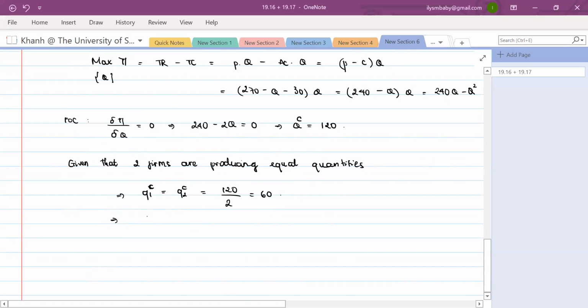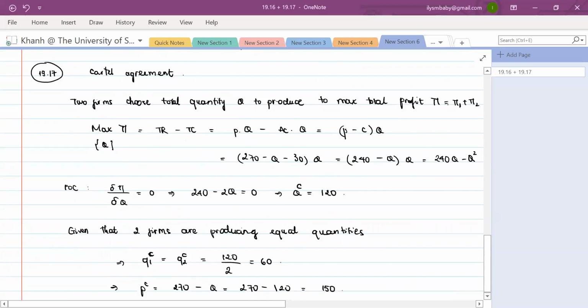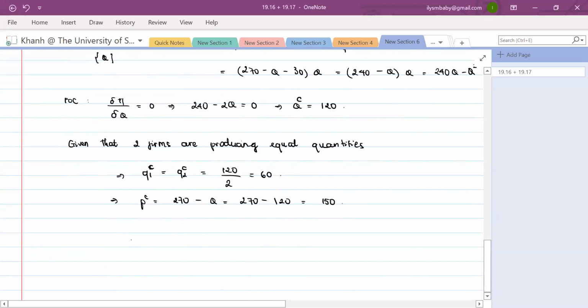The price in the market is now going to be 270 minus big Q, which is 270 minus 120, so that is going to be 150. As you can see, the price is now higher than before. Before, the price in the market was 110, and now it's 150.